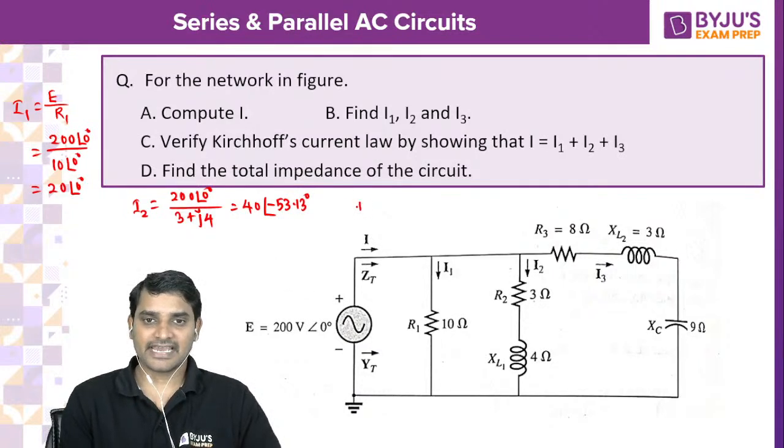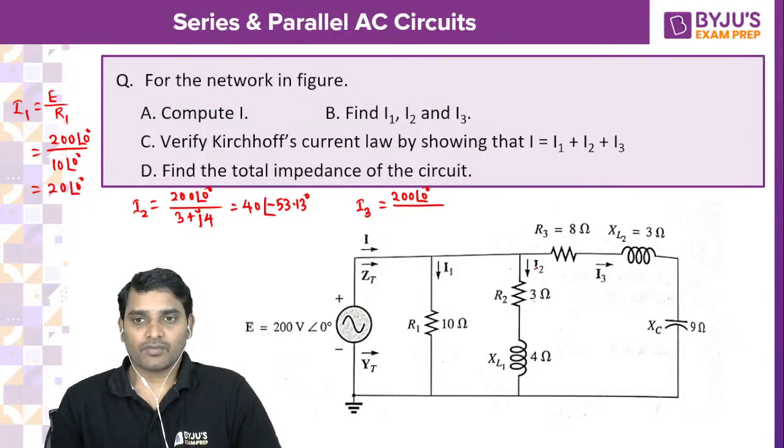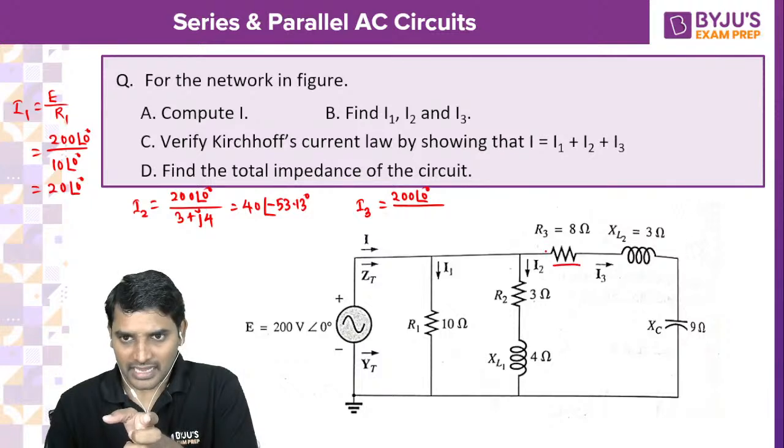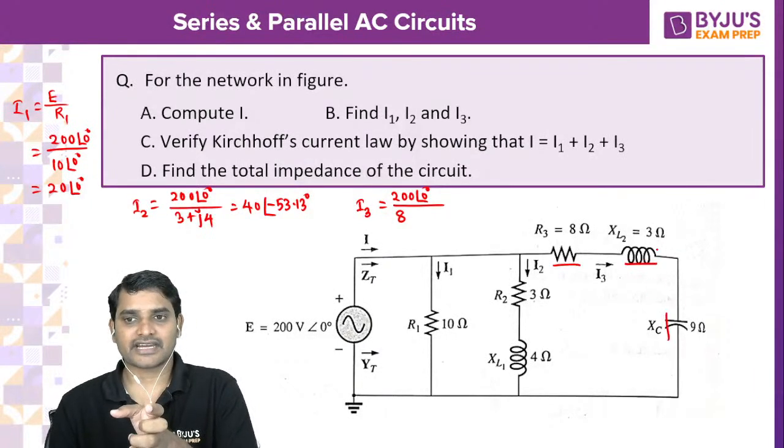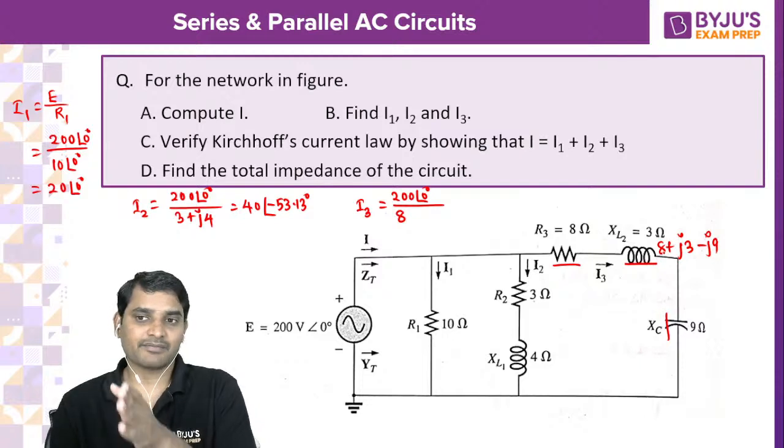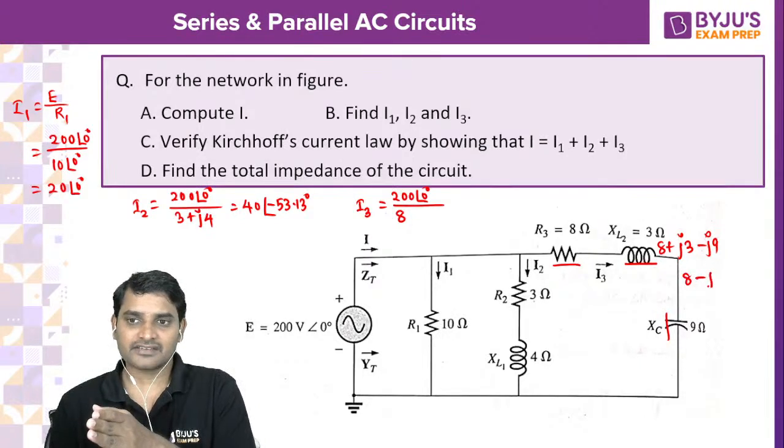Now similarly I3. 200 at an angle 0 divided by the impedance of this path. R is 8, inductive reactance is j3, and capacitive reactance is minus j9. So 8 plus j3 minus j9, which is 8 minus j6.